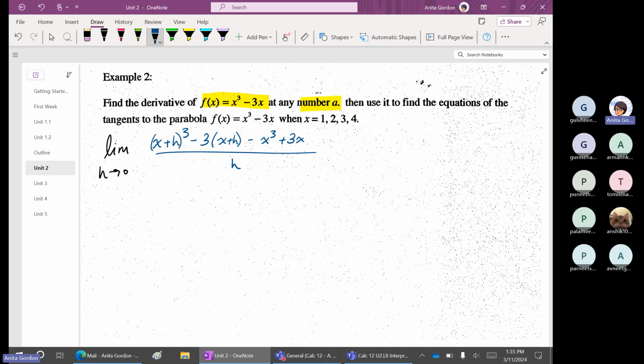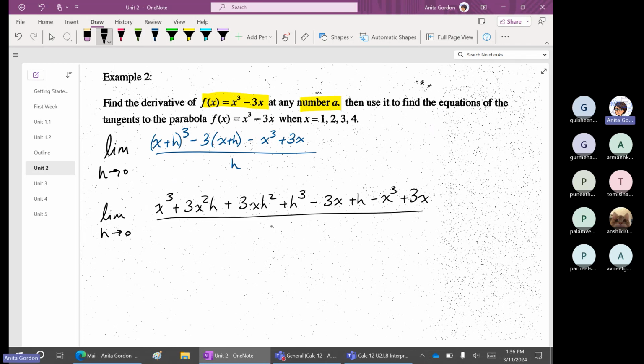And now I'm going to expand the top. I'm going to use Pascal's triangle. This is going to be x cubed plus 3x squared h. So the degrees of x are going down, the degrees of h are going up. 3xh squared plus h cubed minus 3x plus h minus x cubed plus 3x all over h.